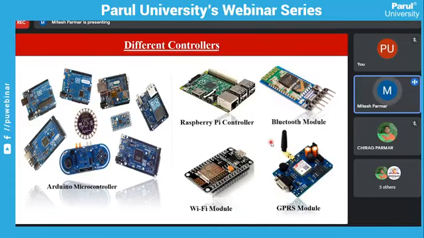Like right now in most vehicles, GPS systems are present. This GPS sensor is connected with our car, and that is connected with a GPRS module, which means it has one SIM card, and that SIM card has internet access.